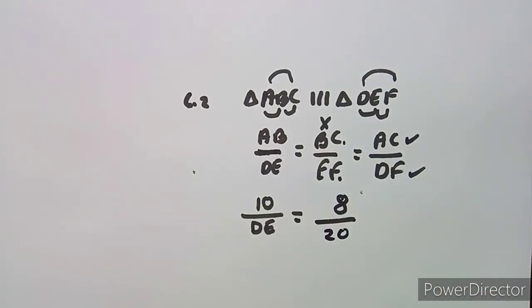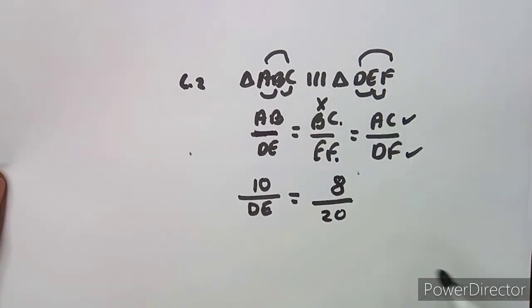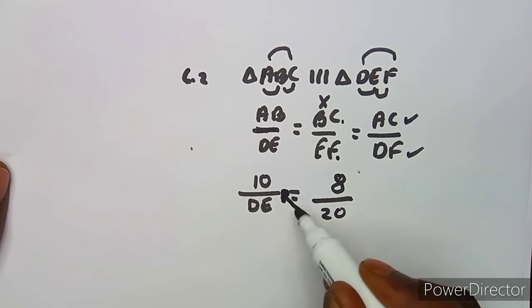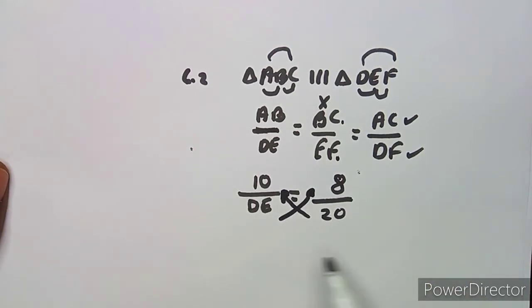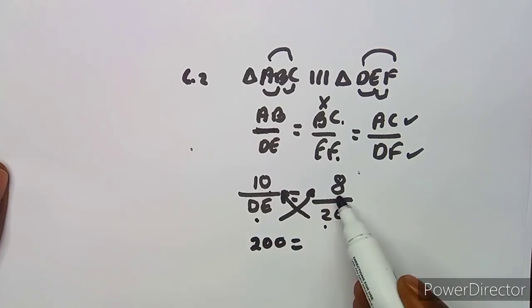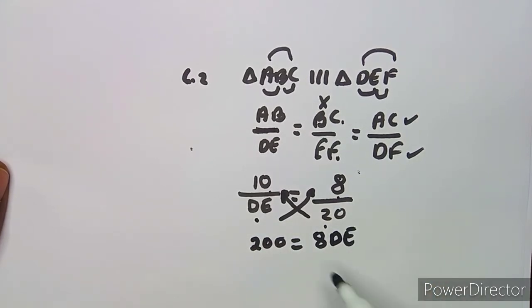To find DE, which is the only part remaining, we can cross multiply. So 20 times 10, which is 200, is equivalent to DE times 8, which is 8DE. How can I calculate DE?